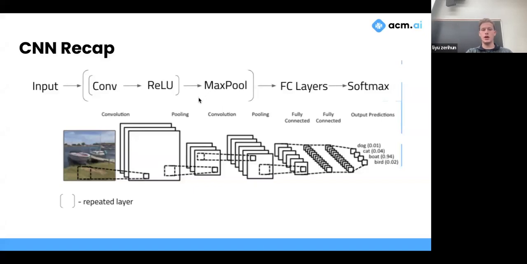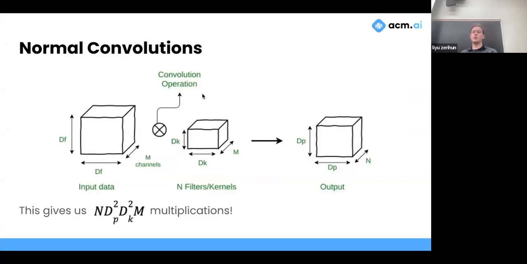In a normal convolution, we have our input data, which is run through M channels, and it's DF by DF. This is often a couple hundred pixels, so that's just the size of the data that we feed in. Then we apply the convolution operation with each of these kernels, or filters.